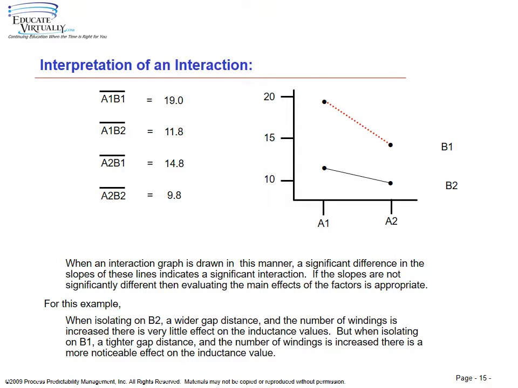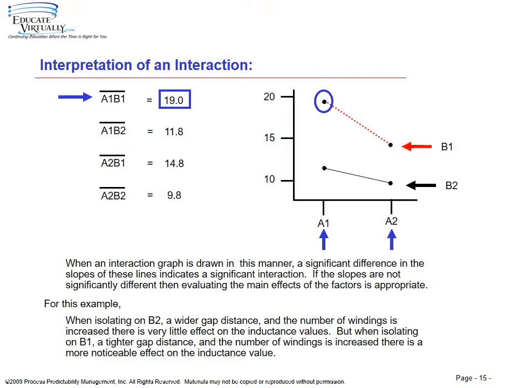Let's interpret our interaction. We can plot a graph where we put A1 and A2 on one axis. We have the values of inductance on the y-axis. B1 is our red line. B2 is our black line. If we focus on the A1-B1 combination, we can see that we end up with an inductance value of 19 on average.